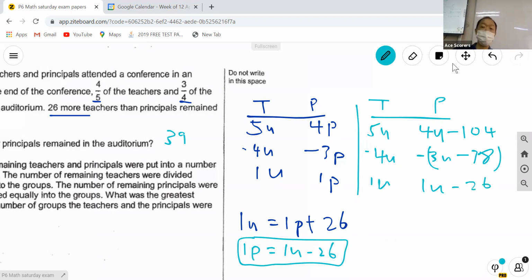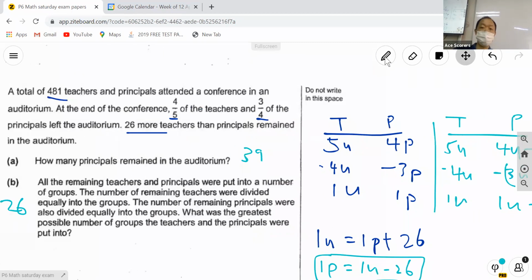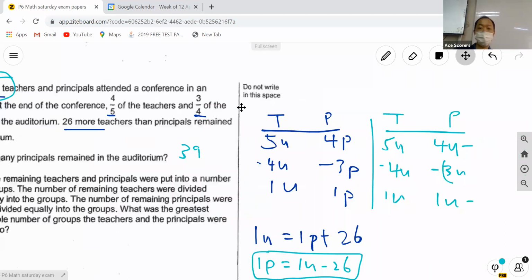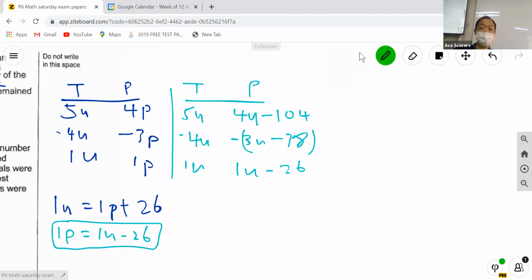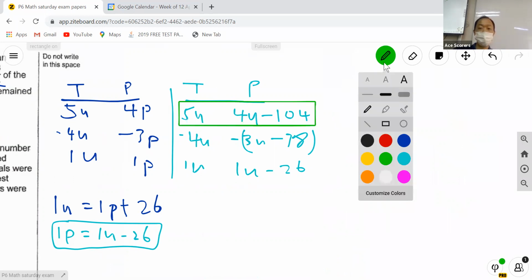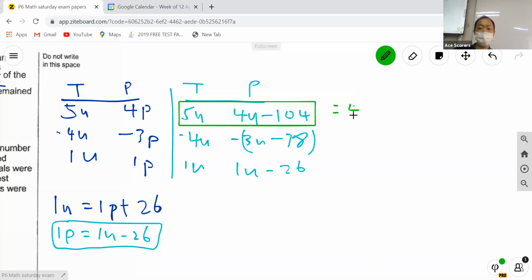Now we can compare the total at first. You see the total there were 481. Where is the 481? Green color, it's here. These two, we add them together, should be equal to 481. So what is 1 unit? Now you see 9 units. Because you add these two, 5 units plus 4 units minus 104 should be equal to 481.